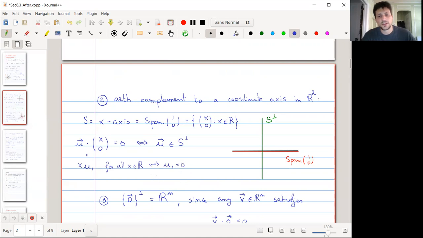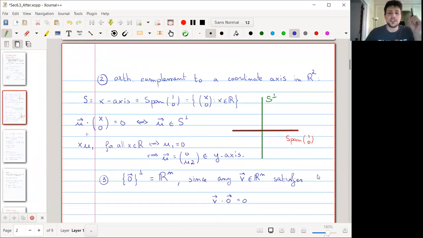In other words, U looks like (0, U2), so U belongs to the y-axis. So you see that the orthogonality behaves in the way that we expected from the picture.